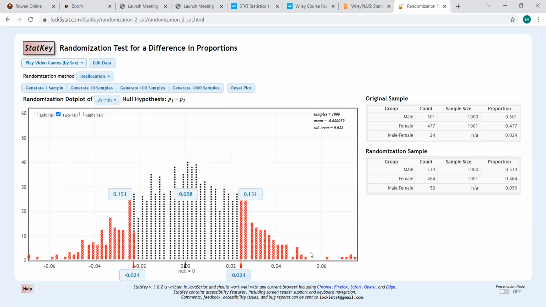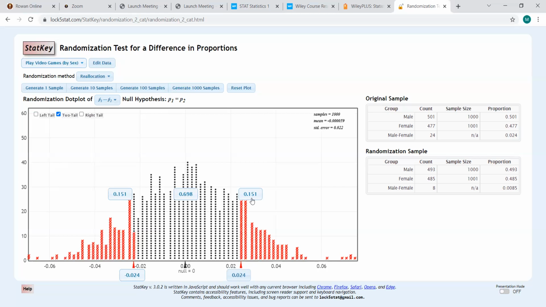Now the p-value in this case has to be the sum of these two numbers, 0.151 and 0.151. The book says just simply multiply 0.151 by 2. Do that with your calculator, you get 0.302.